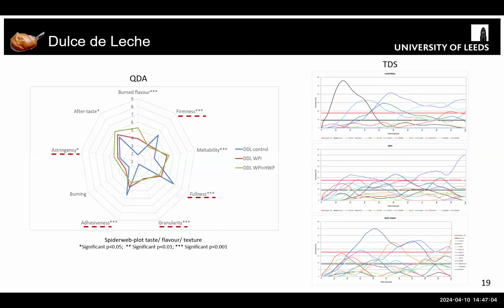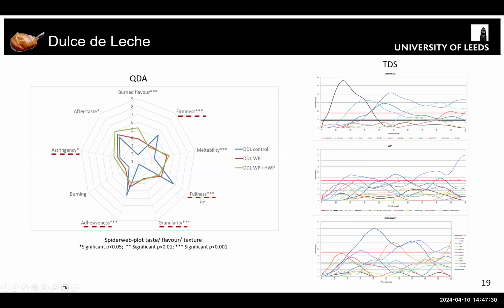Then if we consider the sensory analysis results from the sample, what we can observe is that in the case of the control sample, they had a relatively high textural intensity of firmness, fullness, and adhesiveness.